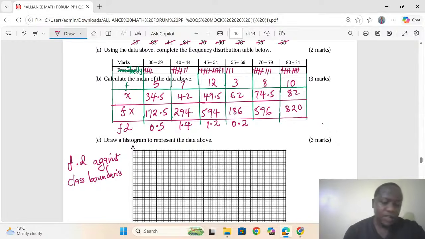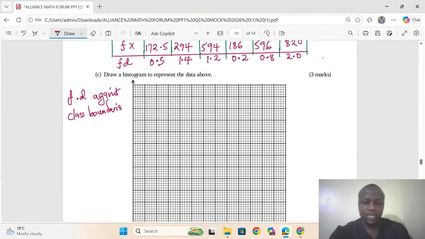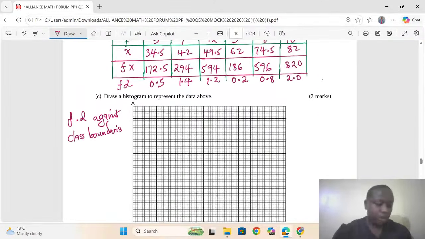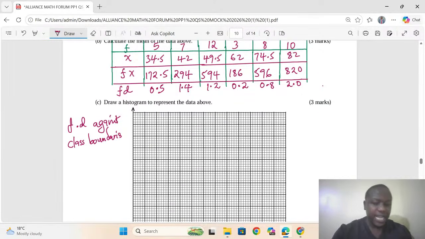The next, the interval is 10. So 8 over 10, because it's frequency over width. 8 over 10, 0.8. The next one, interval is 5. So 10 over 5, we get exactly 2. So now we can plot frequency density against boundaries.